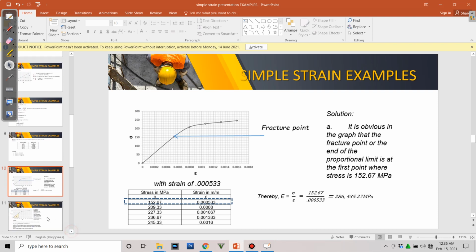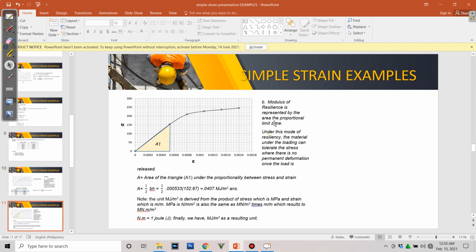So our next unknown is the modulus of resilience. As defined on the previous video lecture, it is just equal to the area bounded by the straight line, or within the proportional limit. So obviously we'll just have to use the formula for the triangle, that is 1/2 base times height.